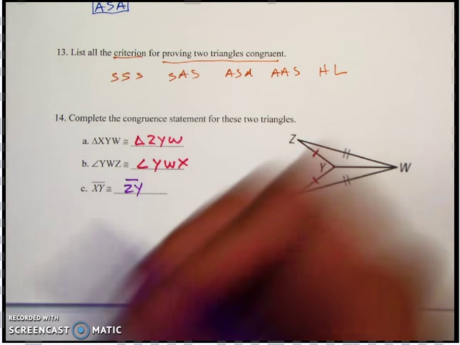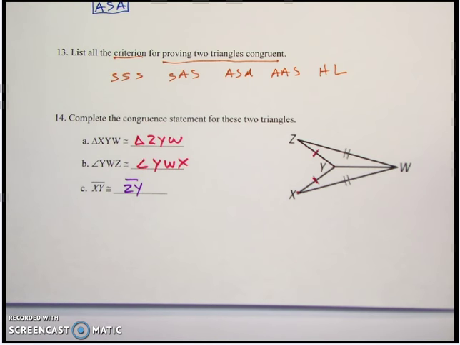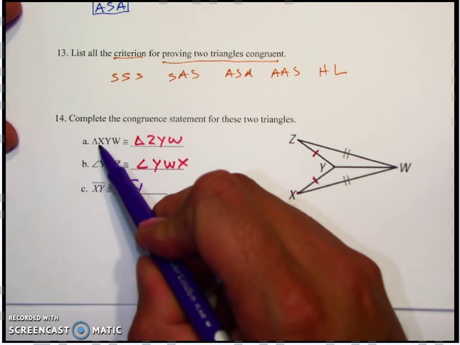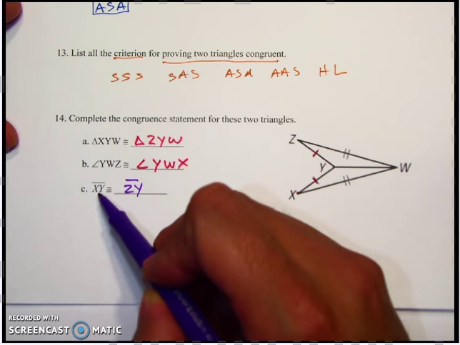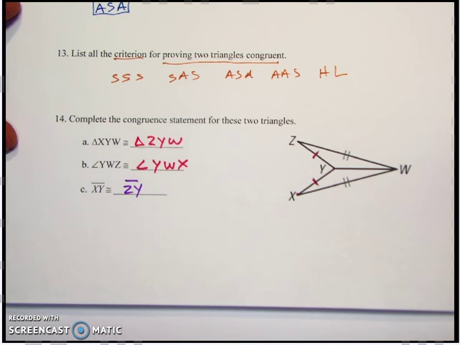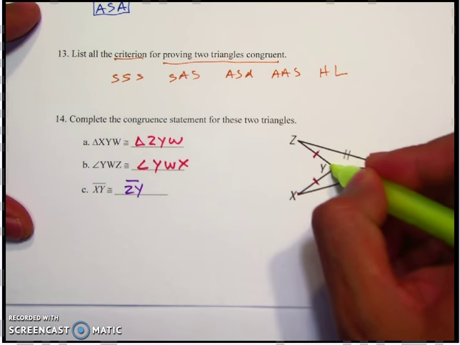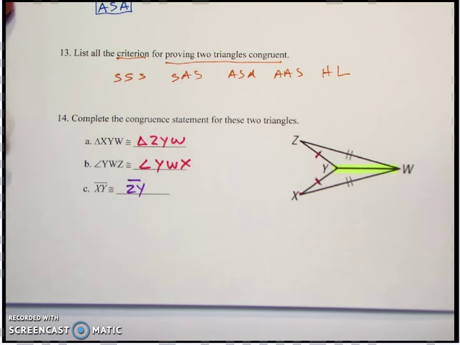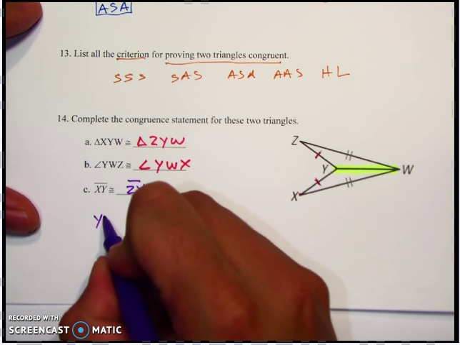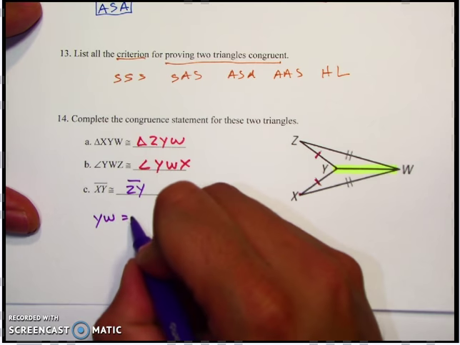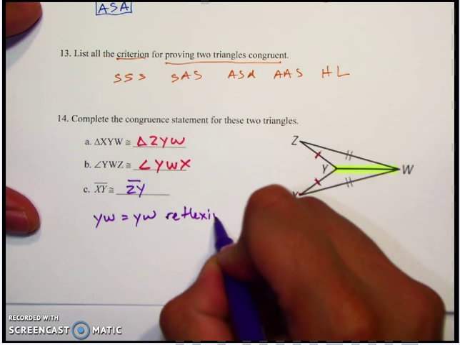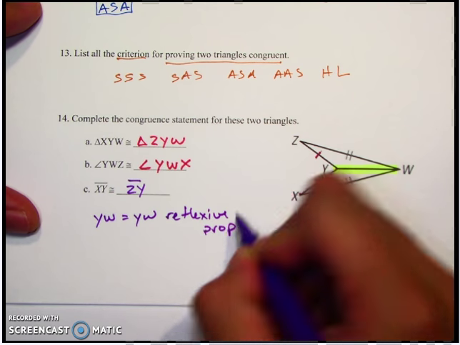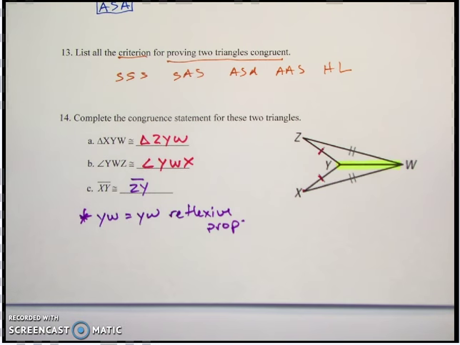So these two are on the same spot. Again, you can only double check. If you do this the first one correct, X and Z, Y and Y. And just more hints. Notice they both share YW. If I ask you what YW is, well, they share the same thing, so YW. And don't forget there's a reflexive property. Okay, so that's a bonus question. Go ahead and try the next one, see how you do.